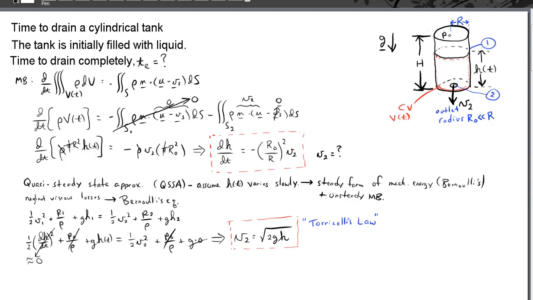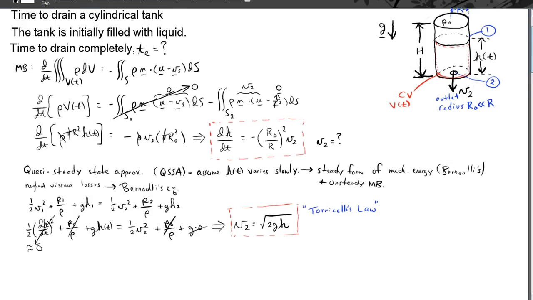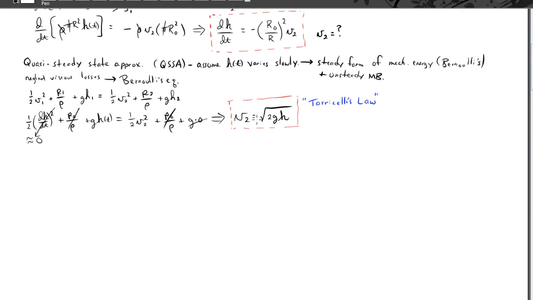So now what we can do for this problem is we simply take this value for V2 and substitute it into the expression we have for the mass balance. In the mass balance, we've eliminated velocity v2. We simply have the ratio of radii squared and square root of 2gh. So it's a differential equation for h that only involves h. There's no other variables in it because we've used Torricelli's law to substitute for v2.